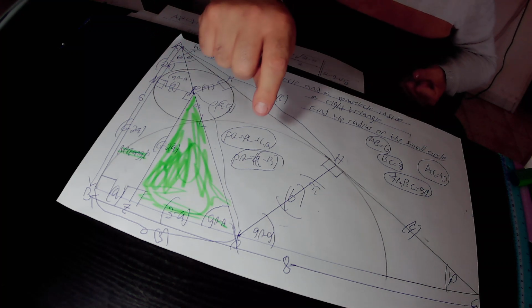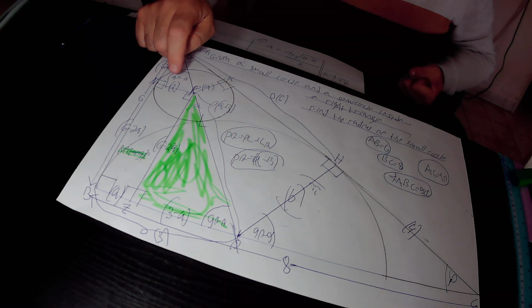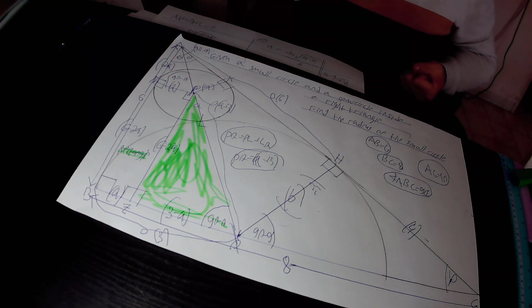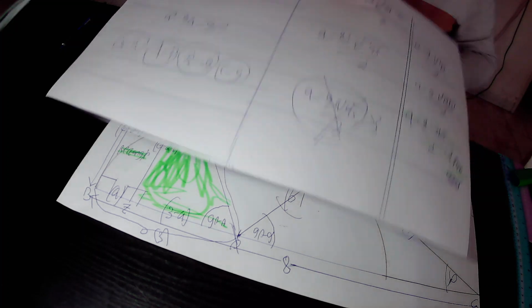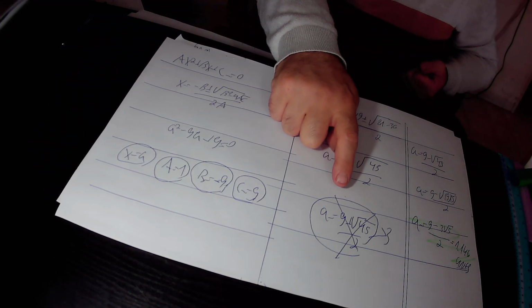Therefore, the radius of the big semicircle, that is 3, must be greater than the radius of this small circle, or in other words, the radius of this small circle must be less than 3 units. But here we found that the radius of the small circle is greater than 3 units. Therefore, this solution is not the correct solution.